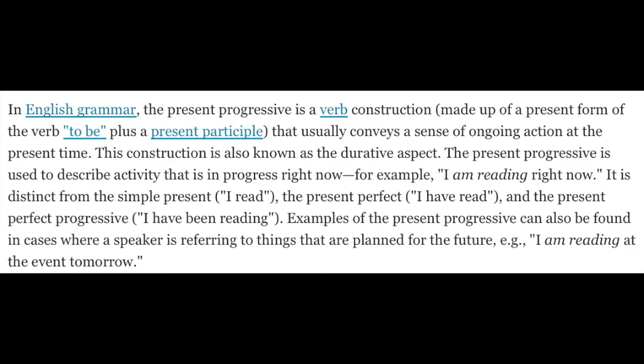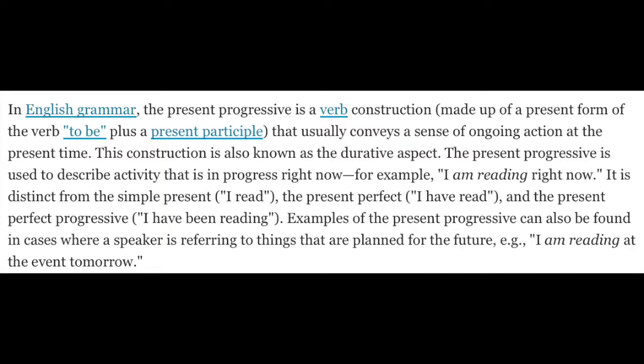The present progressive is used to describe activity that is in progress right now. For example, I am reading right now. It is distinct from the simple present, I read, the present perfect, I have read, and the present perfect progressive, I have been reading.